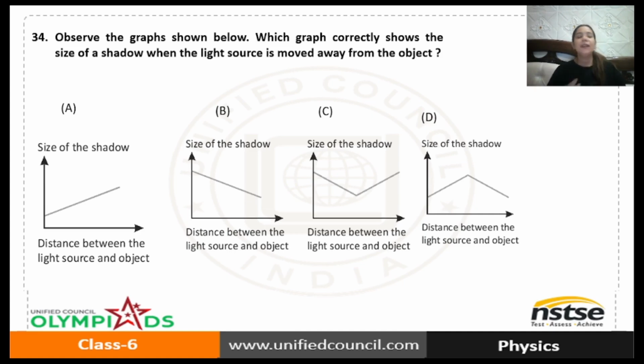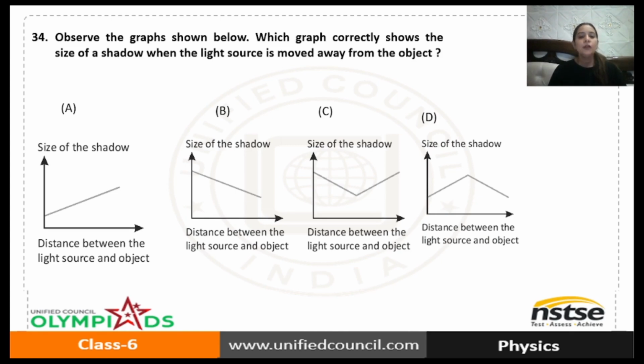So obviously then a shadow is cast. That is, a dark area is cast basically. So when the light source is close to the object, if the distance between the source of the light and the object is very small, the shadow cast will be bigger in size. And if the distance between the source and the object is more, the shadow cast will be smaller in size.